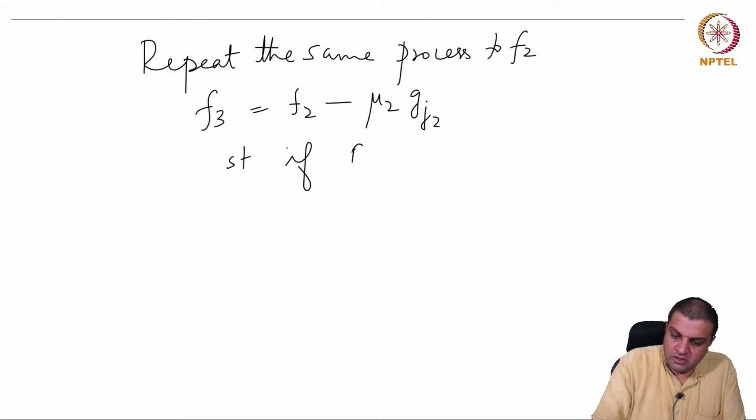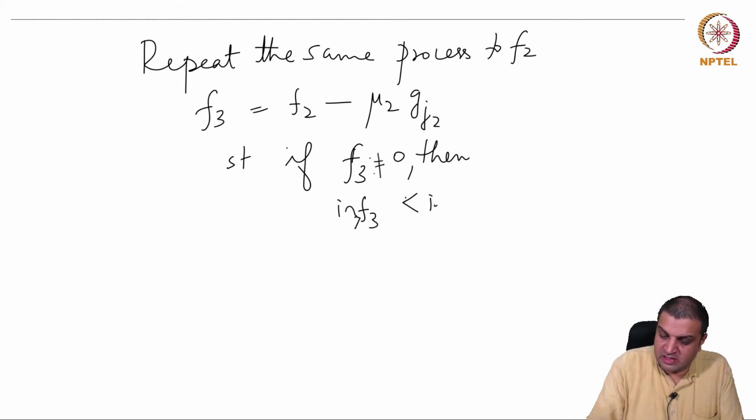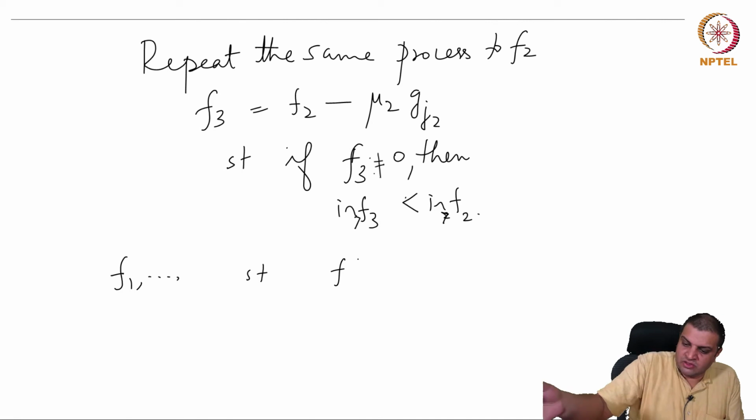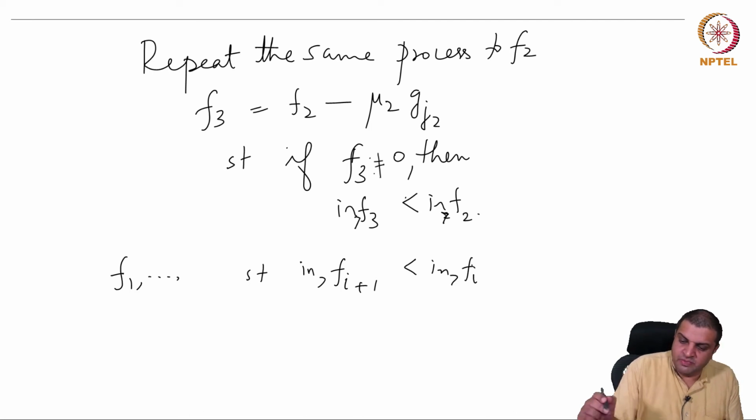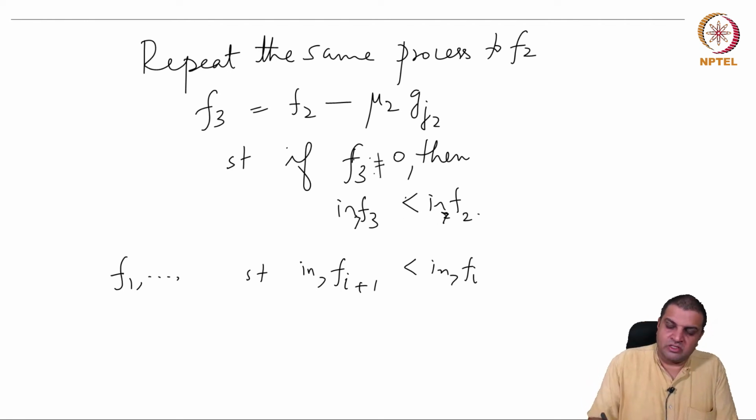If F3 is non-zero, then its initial term, with respect to the one order in question, is strictly less than that of F2. So assuming that this continues forever, we would get F(i+1) such that its initial term is less than that of Fi. Remember, the question about the initial ideal comes in only if the new polynomial that we just constructed is non-zero.